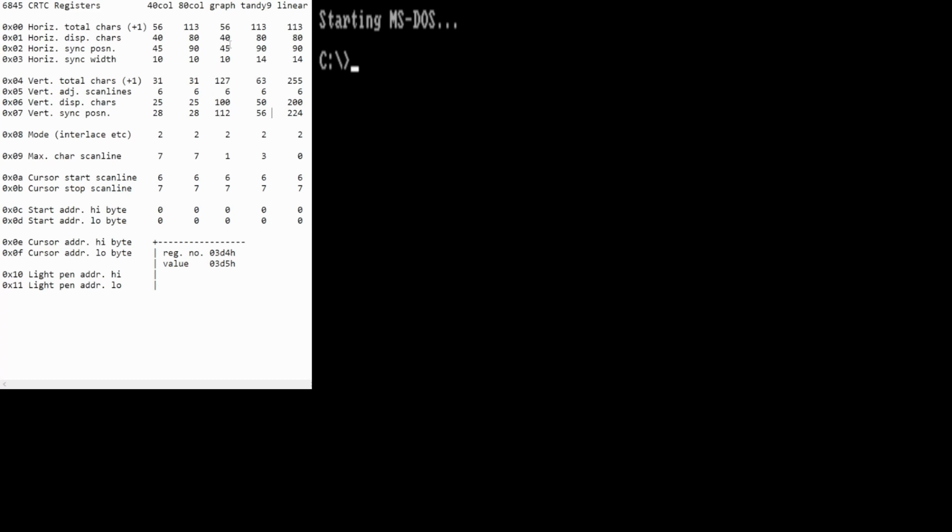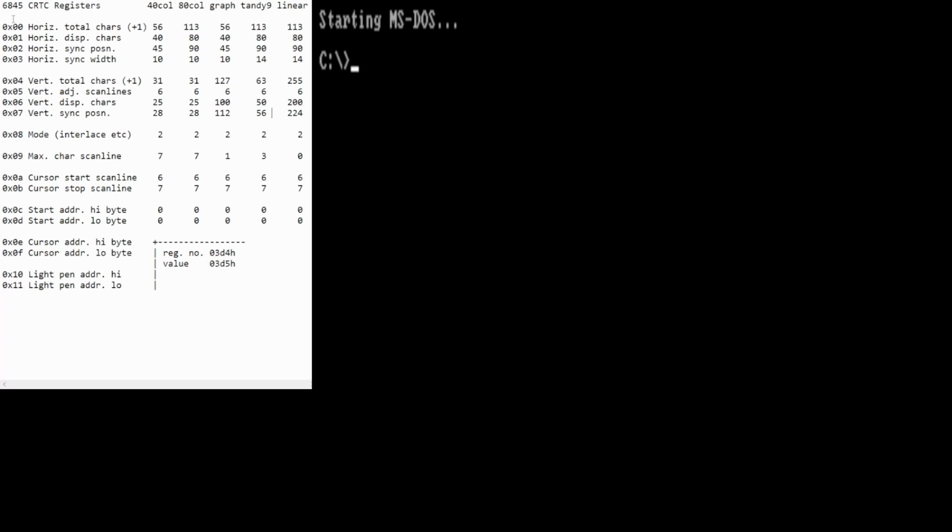But in the horizontal direction, it's not obvious at all why the values should be different. After all, you've got 320 pixels across in both of these two modes. And it really boils down to the fact that the original 6845 CRT controller chip on the CGA card thinks of the world in terms of characters, not pixels.